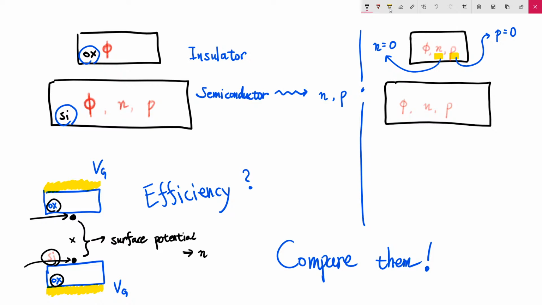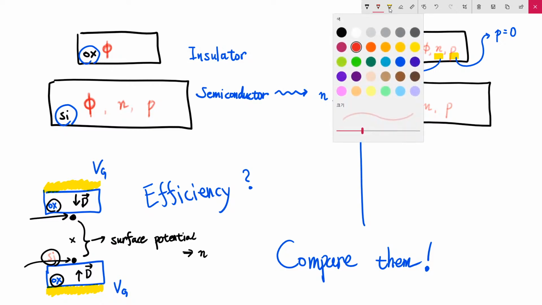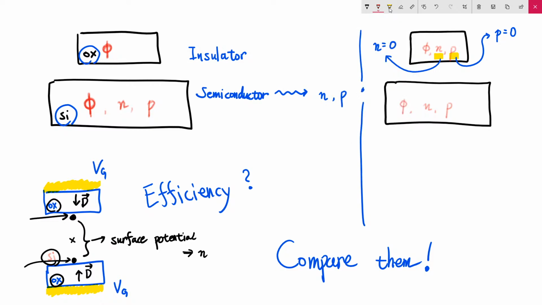From this gate terminal, we will have a certain electric field or displacement field, and that is screened by our electron gas located here, and eventually the electric field is compensated, screened, and here we have the field which is vanishing exactly.